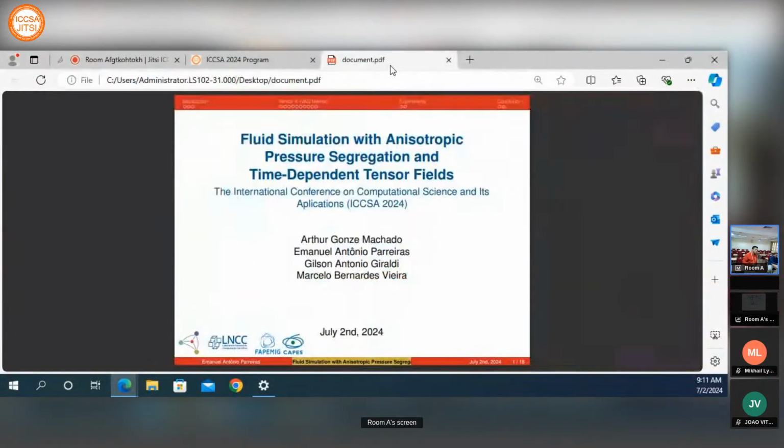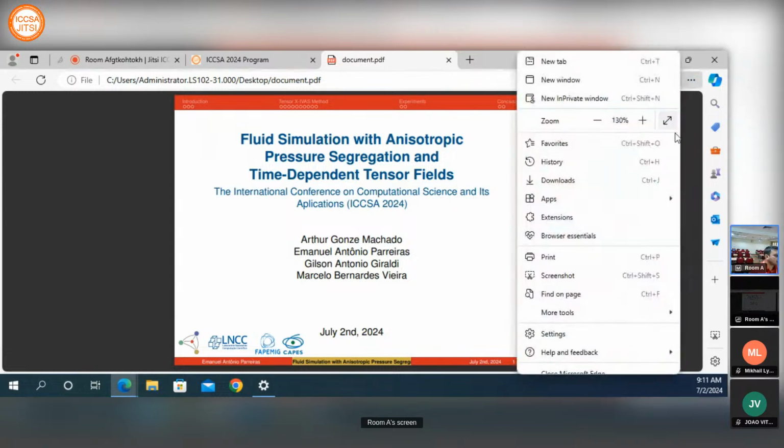When I share only the presentation, it shows the entire screen. Maybe if you choose entire screen? It's sharing 16 by 9, but the presentation is 4:3. If you could go here in the dot, you may have options.